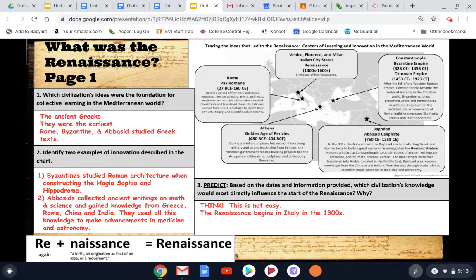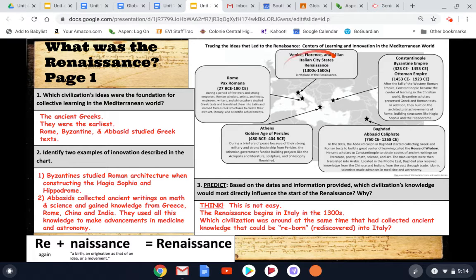So the Renaissance begins in Italy in the 1300s. That's what this box here is showing us. But before you make your prediction on which civilization's knowledge you think most directly influences this, I want to give you guys just a little guiding tip. Think about which civilization was around at the same time that had collected ancient knowledge that could be reborn into Italy.